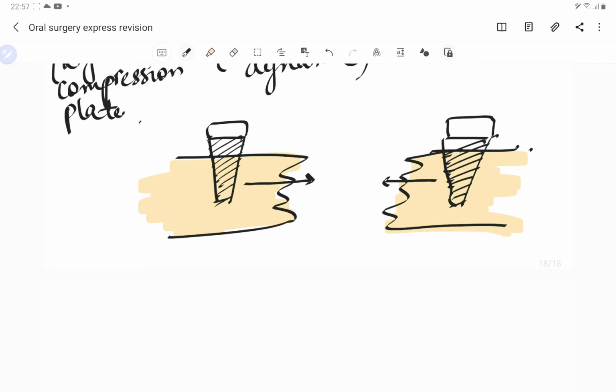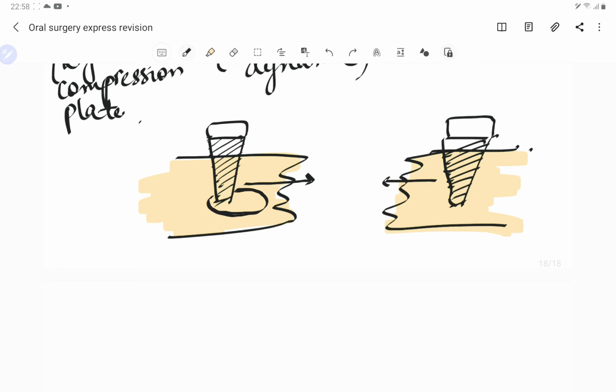The hole in this case is not circular, it is in fact kind of oval. One second guys, let me redo it. So the holes are kind of like this.